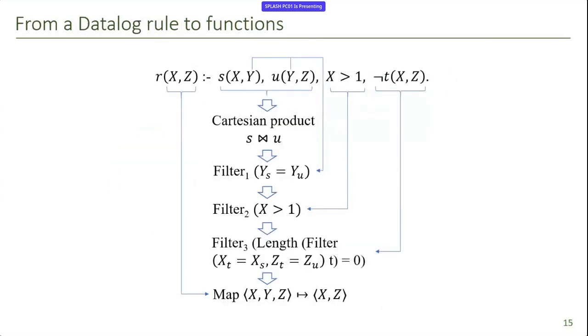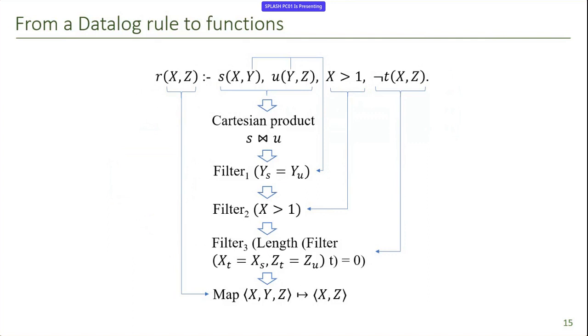And for more details on how Datalog rules can be transformed into functions, this is a demonstration. This is a very typical Datalog rule with a head and some predicates in the rule body. For the positive predicates in the rule body, we transform them into a Cartesian product, and we add a filter for some comparisons or equalities in the rule body, and then a third filter will be used for negation used in the rule body.